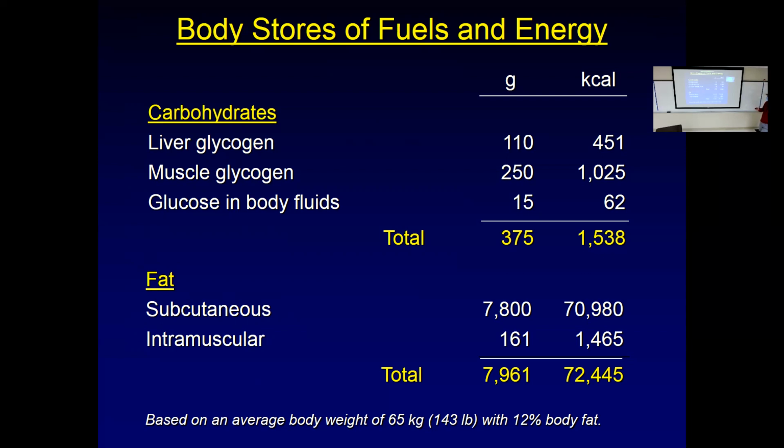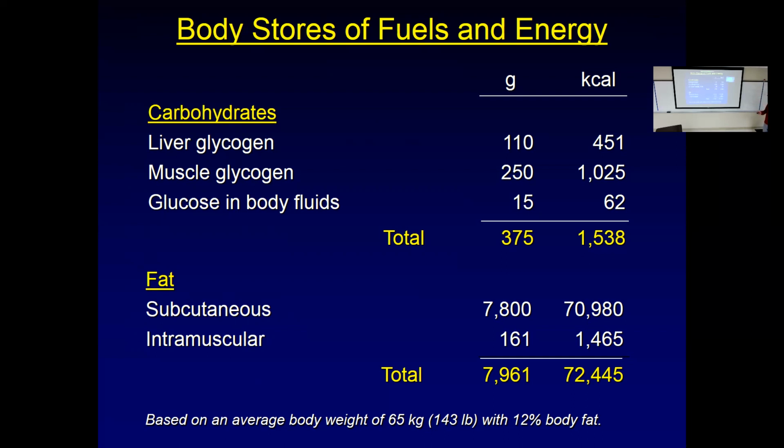So for an average sized person, you've got enough carbs that you could not eat anything for a day and still be in a pretty reasonable positive metabolic balance. Whereas conversely, if you look at subcutaneous and intramuscular fat, even ignoring fat around the liver, you've got about 72,000 kcals of this.